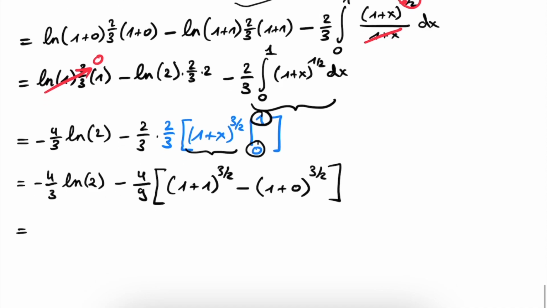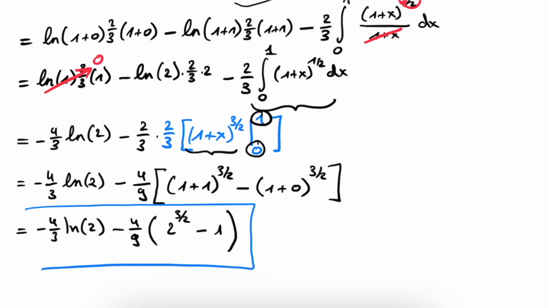So we eventually get minus 4 over 3 times the logarithm of 2, minus 4 over 9 times (2 to the power 3 over 2, minus 1). Because 1 to the power 3 over 2 is simply 1. And we will just leave it at this because there's not much more simplifying that we can do here.